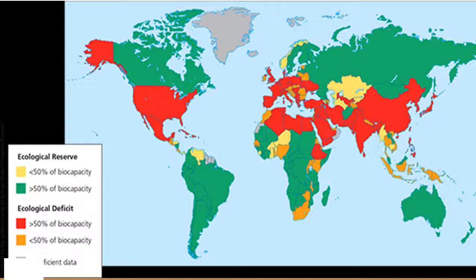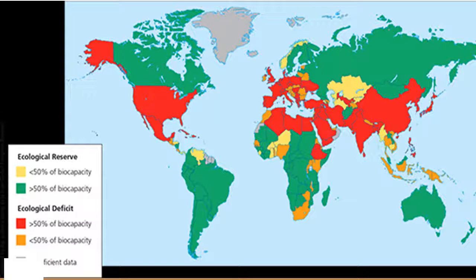In the Middle East, we have Yemen, Saudi Arabia, Jordan, Iraq, Syria, Turkey, and Iran as being in an ecological deficit.